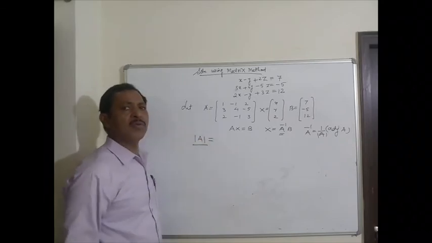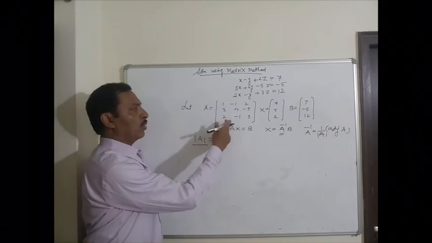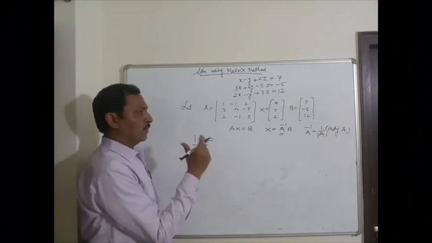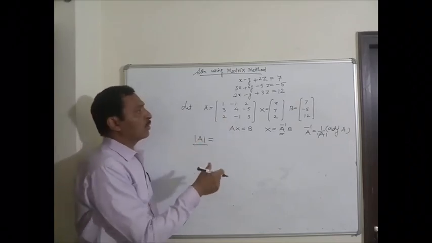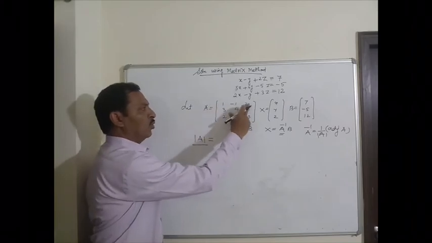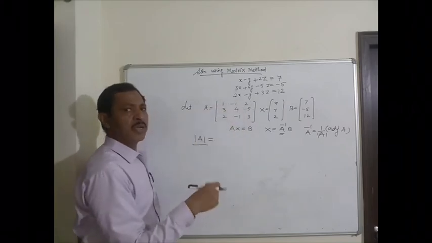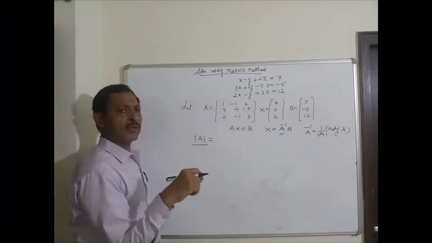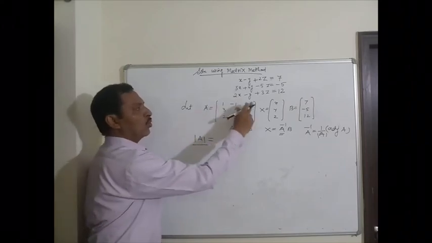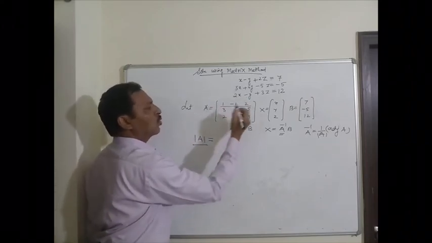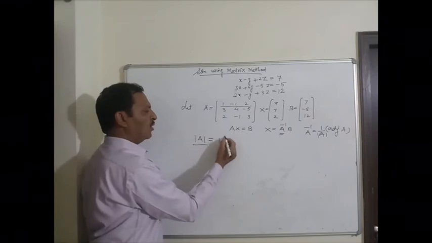What is the determinant of a square matrix? It is the sum of the elements of a row or a column multiplied by their corresponding cofactors, of just one row. I am expanding using the first row only. So the element is 1.